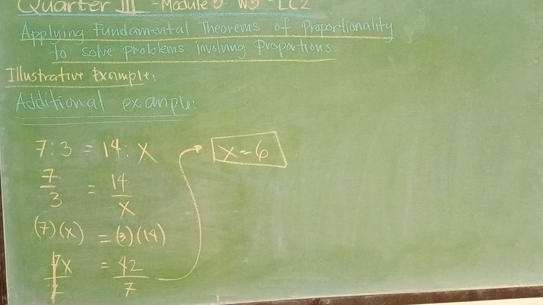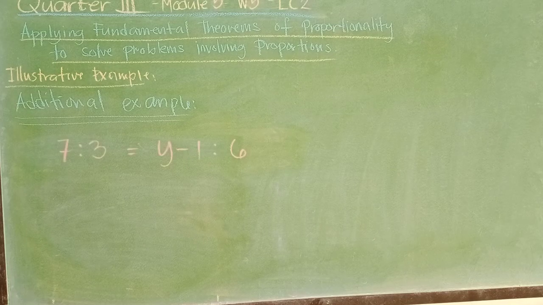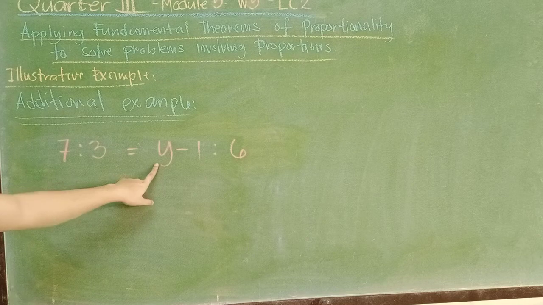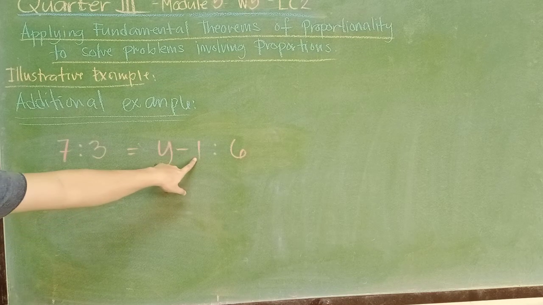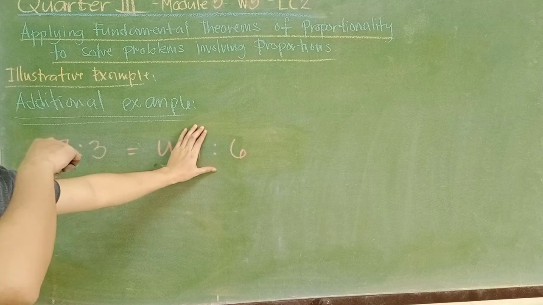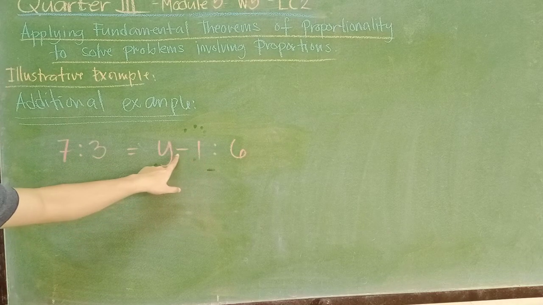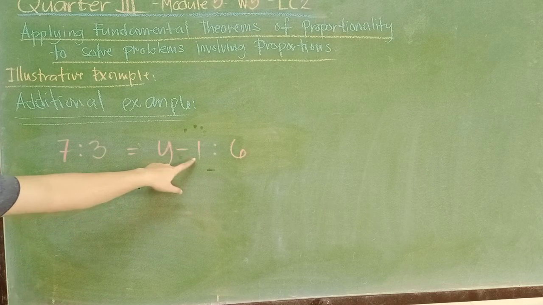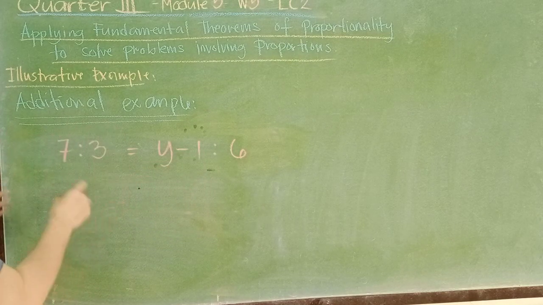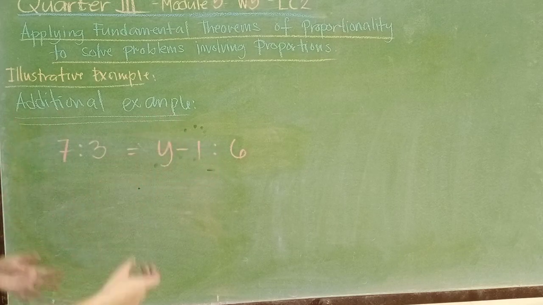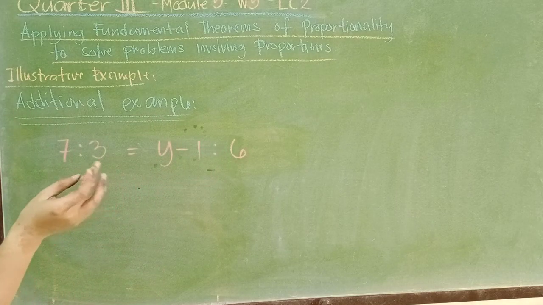Now, another example. Next example. We can see here that our variable now has a minus 1. Before, it was just y. This time, it has an additional constant, which is minus 1. So same procedure, from column form, we transform to fraction form.